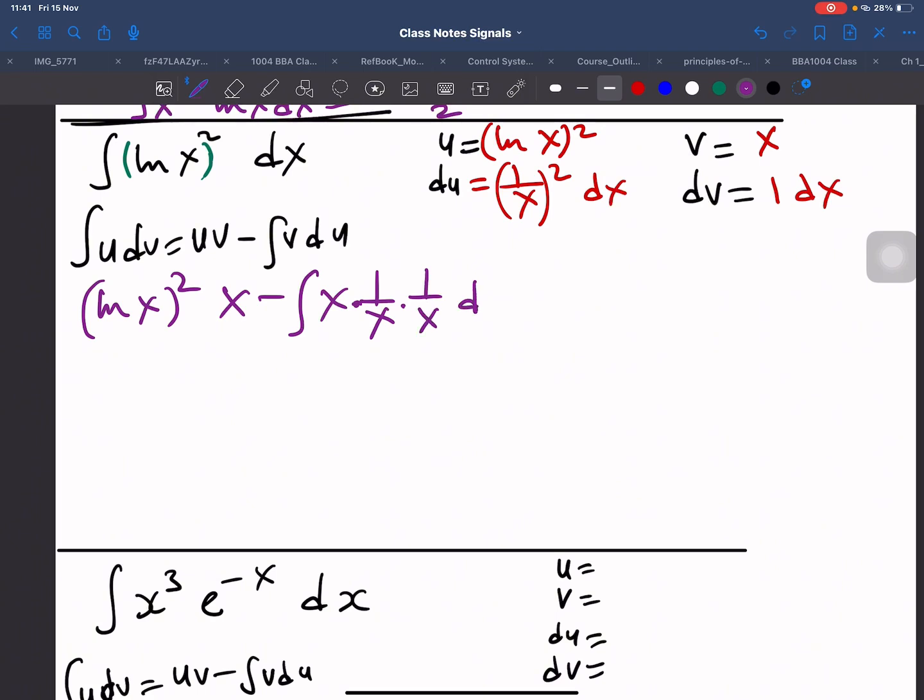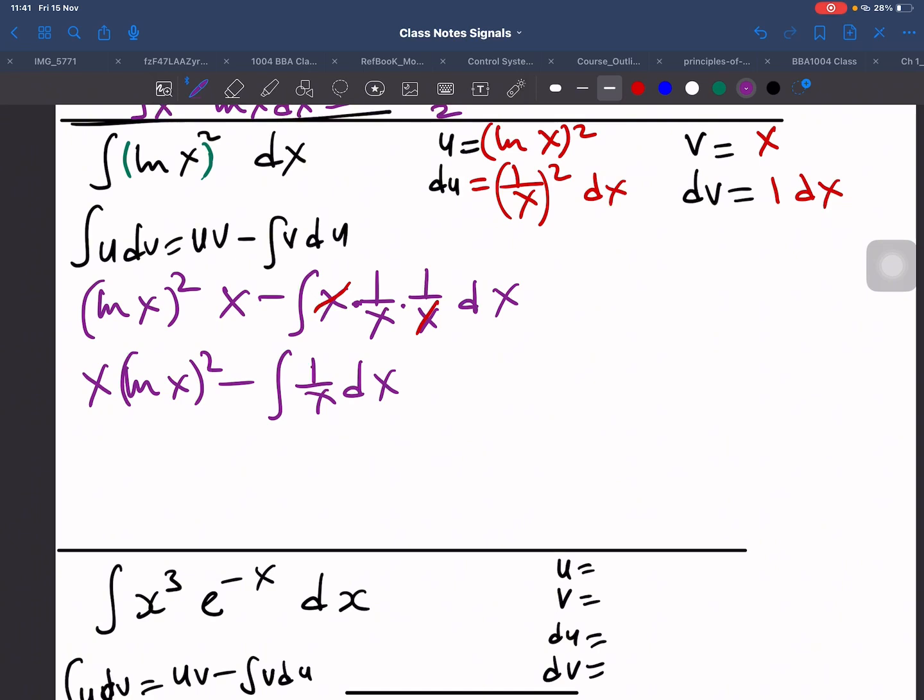So now normally this x will cancel. What I have left is 1 over x dx. So we continue. It's going to be x ln x squared minus the integral of 1 over x dx.